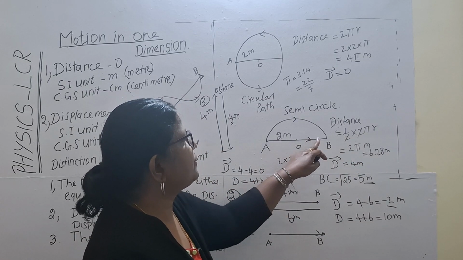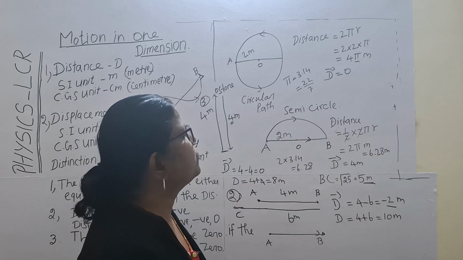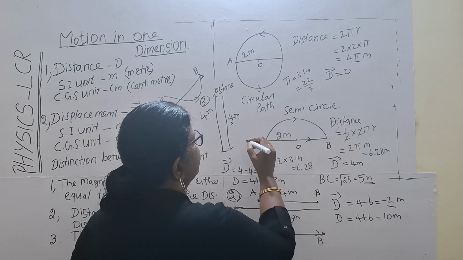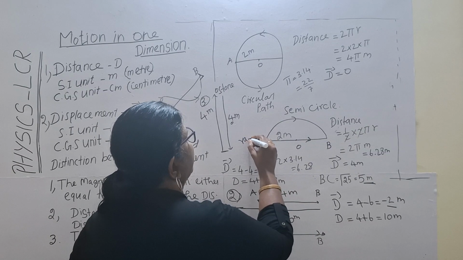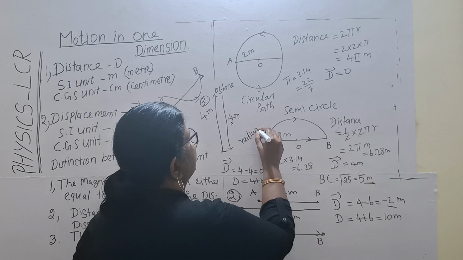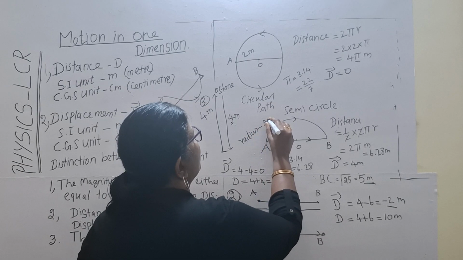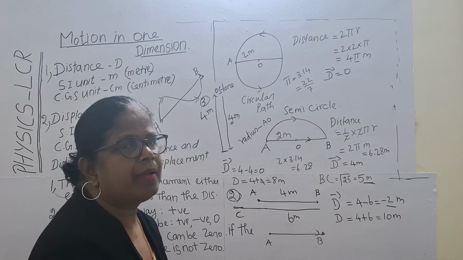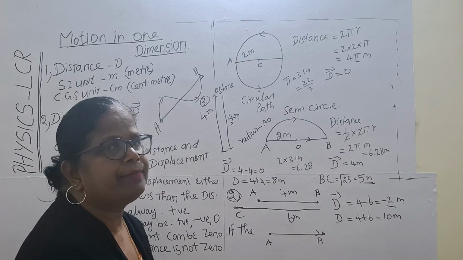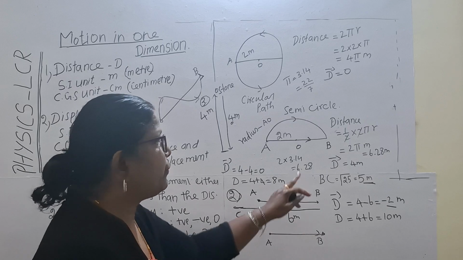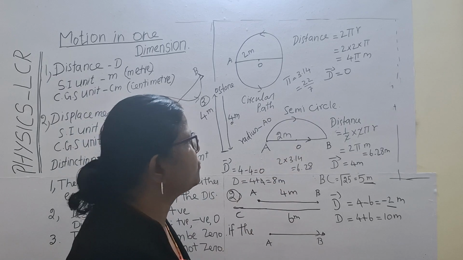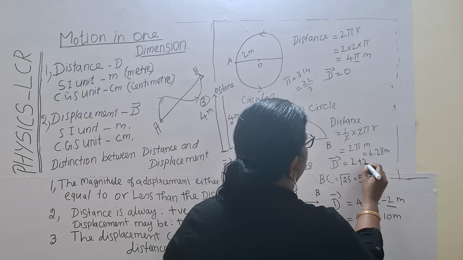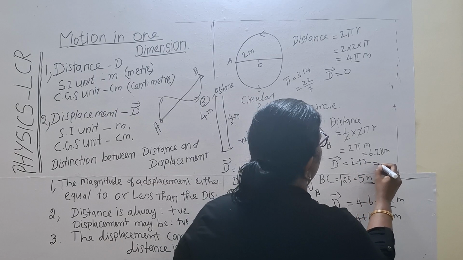The displacement will be the shortest distance, 2 plus 2. It is a radius, girls. AO is a radius. Write down, AO is a radius. AB is a diameter. 2 times the radius is known as the diameter. 2 times the radius, 2 plus 2, I am mentioning here, just to see, 2 plus 2 equal to 4 meter.